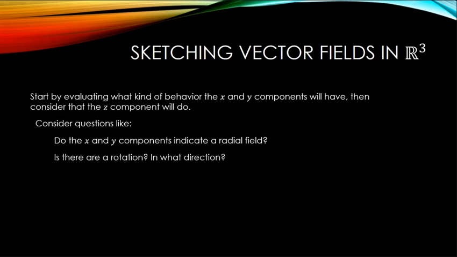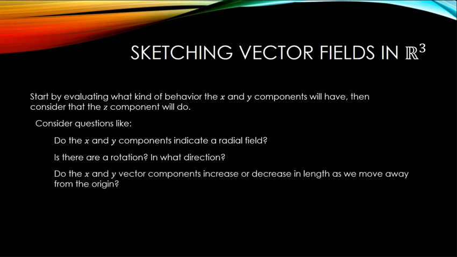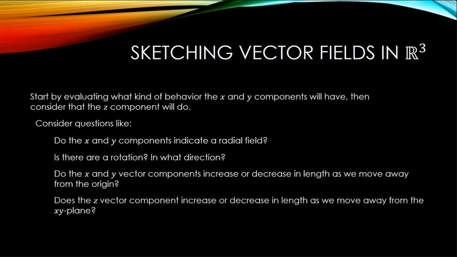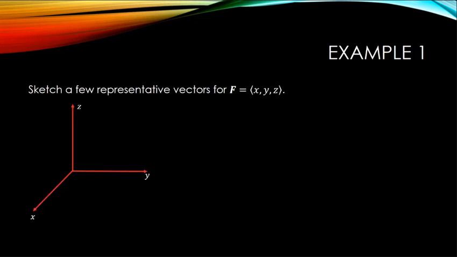Is there a rotation in this field, and if so, what direction does it lie in? Do the x and y vector components increase or decrease in length as I move away from or toward the origin? Does the z vector component increase or decrease in length as I move away from the xy plane? So let's work an example.